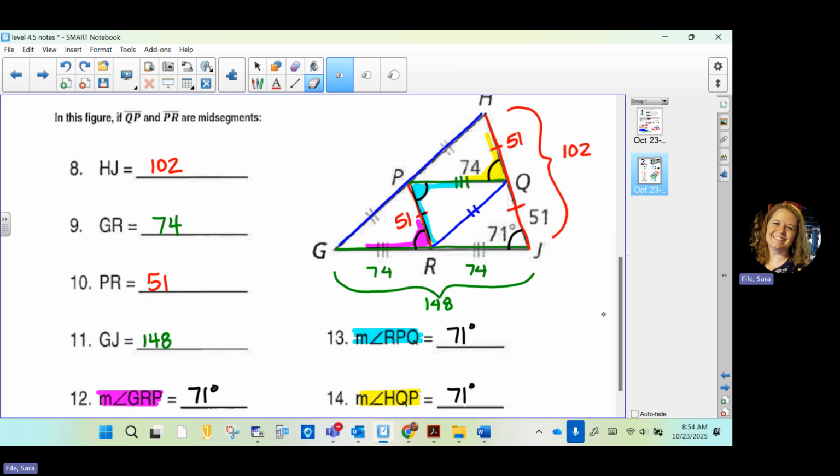Kind of make sense? I will go ahead and activate the practice if anyone wants to start it. It'll be linked in Canvas, but you don't have to start it today. It won't officially be assigned till tomorrow. And I'm going to have 4.6 questions in there as well. So if you try it tonight and think, I haven't learned this yet, it's probably because we're going to learn it tomorrow.